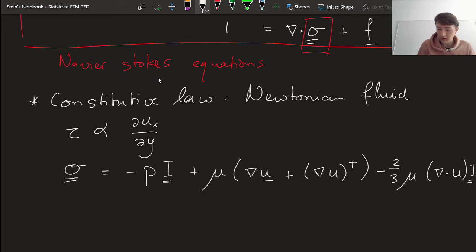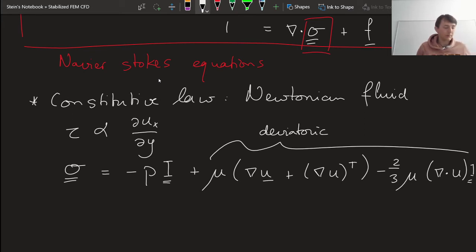So this is a deviatoric part. Right now we're calling mu the viscosity. And this relates to precisely this proportionality.